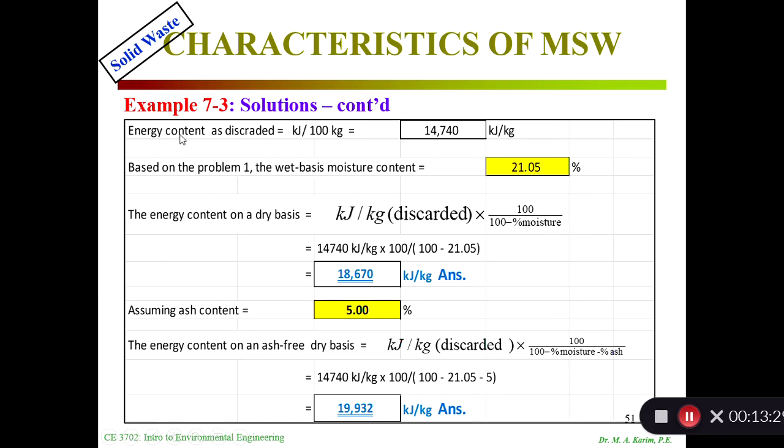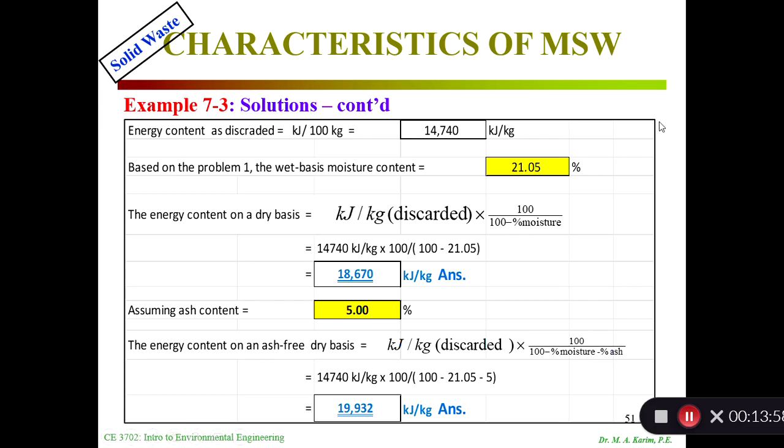Then the as-discarded content divided by 100 is equal to the value per kg. Based on problem 1, the weight basis moisture content is 21.5, and the energy content on the dry basis would be the value divided by 1 minus the moisture content. As I mentioned, I'm using the 21, not the 26. 26 was the dry basis, and 21 is the weight basis.